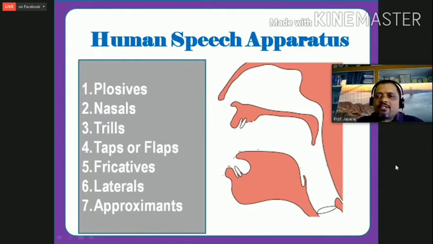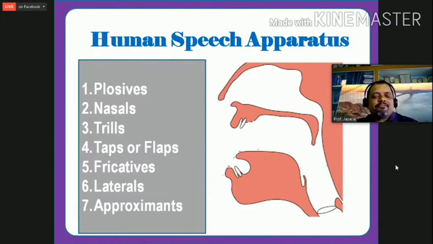We have plosives, where you see a plosion kind of effect. Most of the Indian languages are rich in plosives. In the English language, plosives are just 6, but in Indian languages, we have nearly 20 plosives, 6 versus 20. The frequency of plosives is very high in Indian languages.